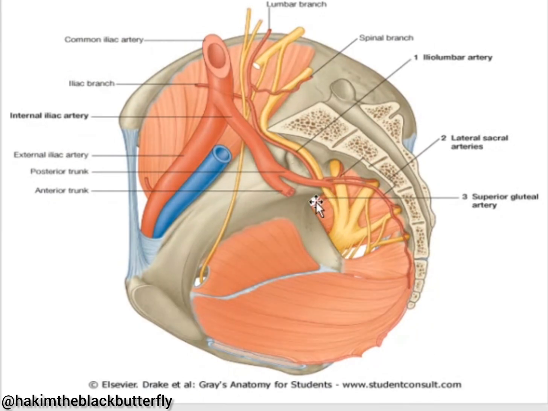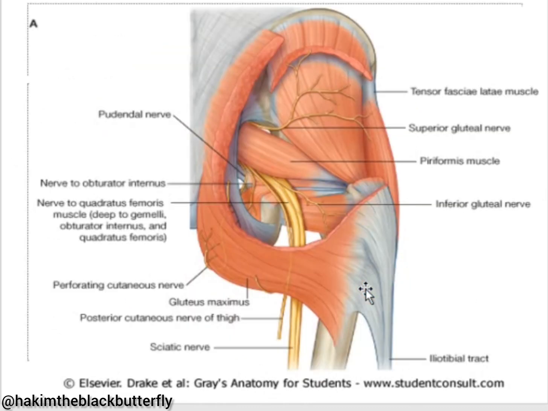You can see the superior gluteal artery, superior gluteal nerve pass above piriformis, and the rest pass below piriformis as they are exiting the pelvis to enter the gluteal region. So you can see our sciatic nerve entering the gluteal region by passing through the greater sciatic foramen.